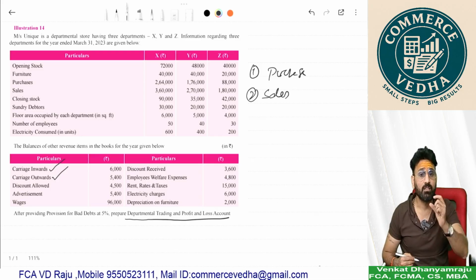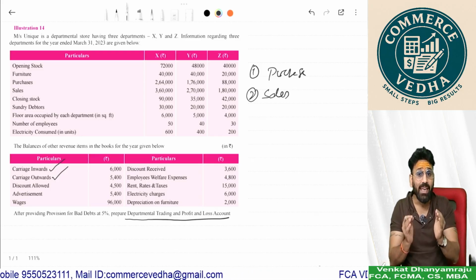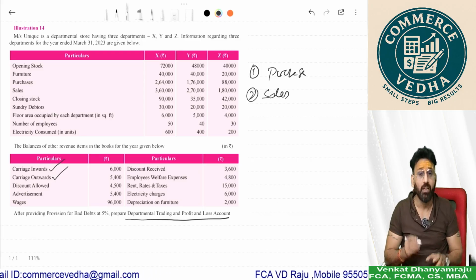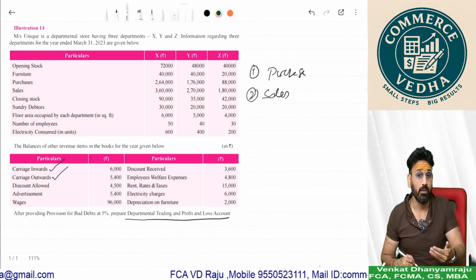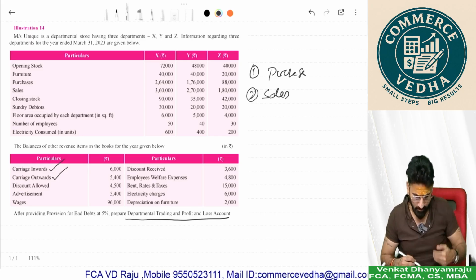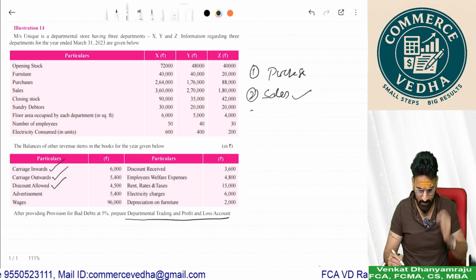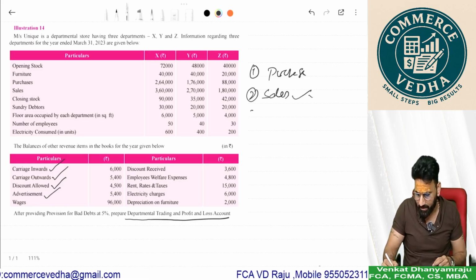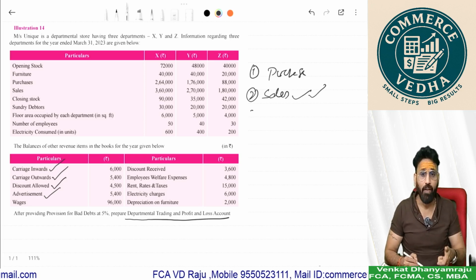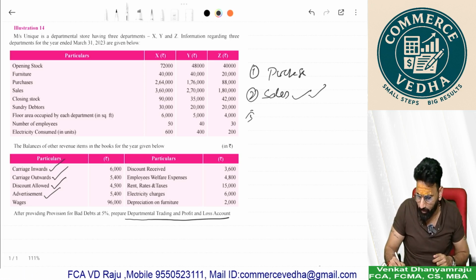So you should select sales as the base to apportion the expenditure. Discount allowed is a discount you allow on sales to the debtors, so for discount allowed also you need sales. Advertisement, sales. Wages, number of employees.